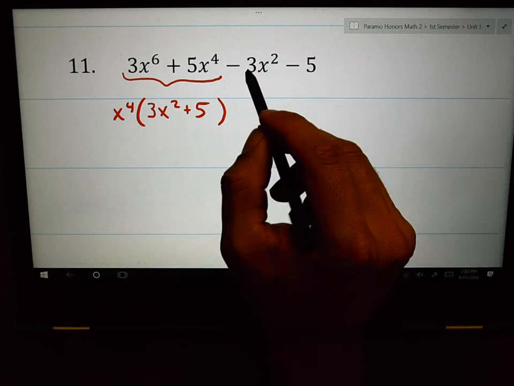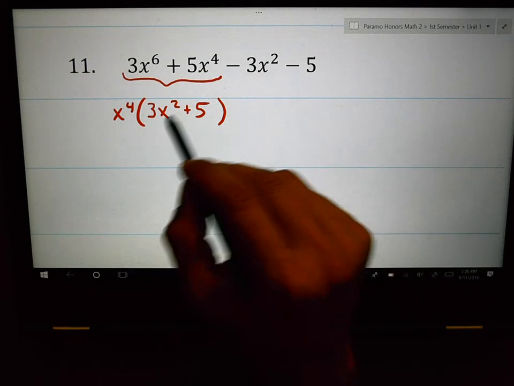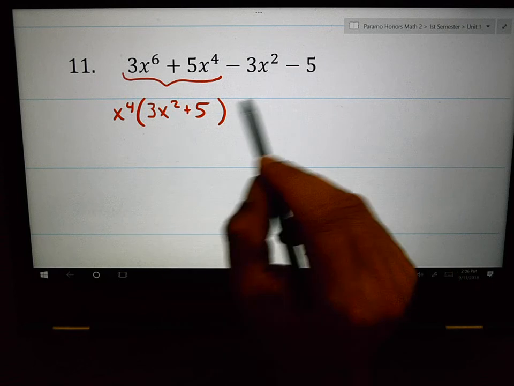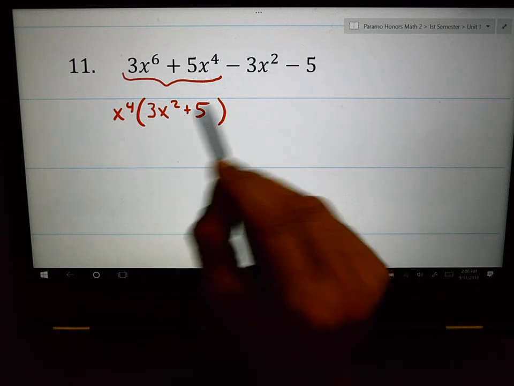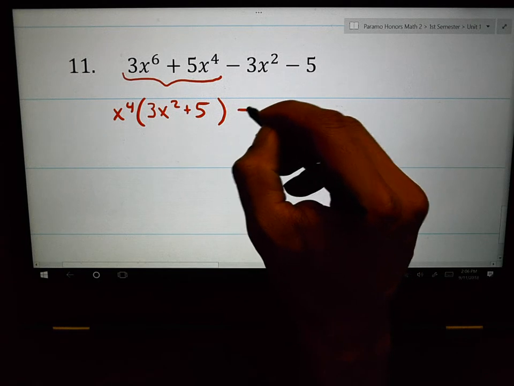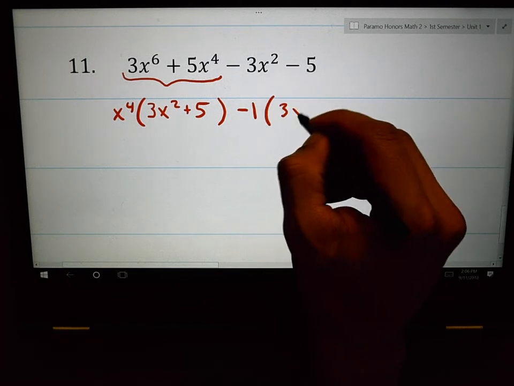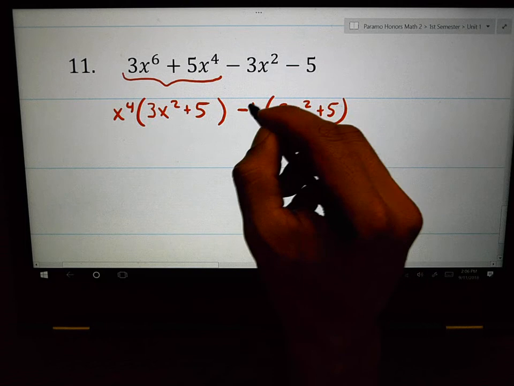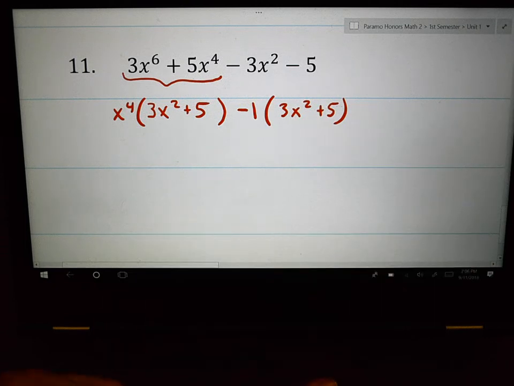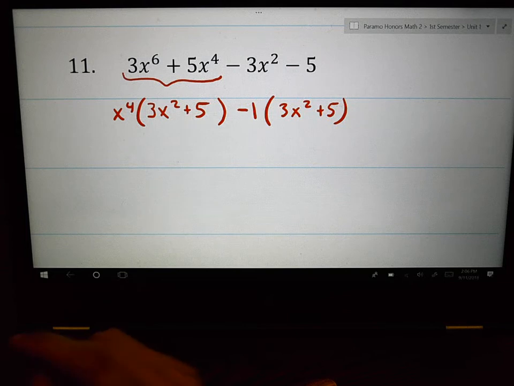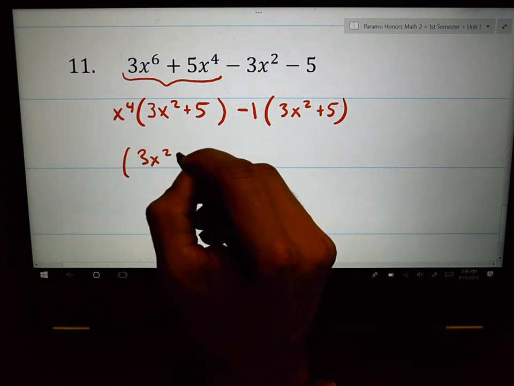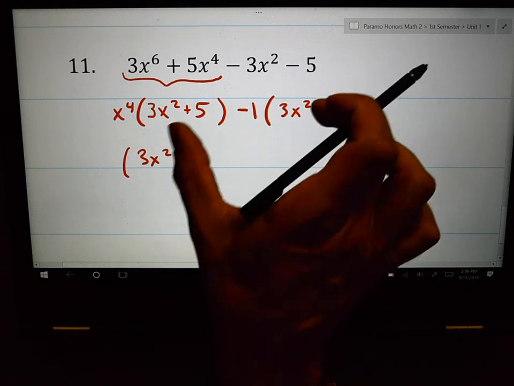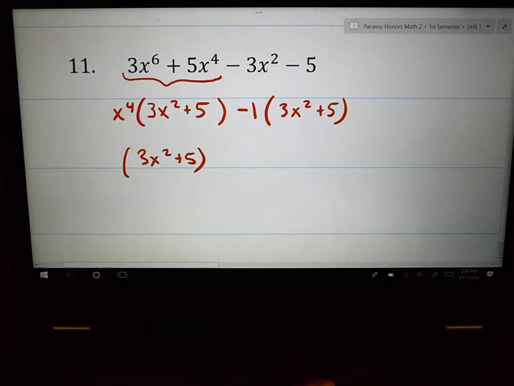This says negative 3x squared minus 5, and it's not going to match unless I pull something out of it to make it match. How about a negative 1? It's still subtraction though. It's not all multiplication. We're going to need to factor out something. So let me see. I'm going to factor out a GCF of this 3x squared plus 5. What's left behind?